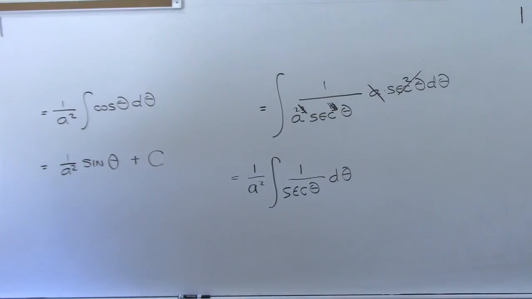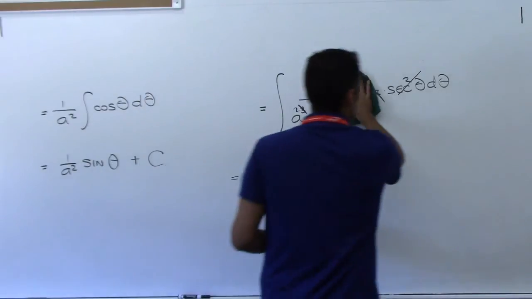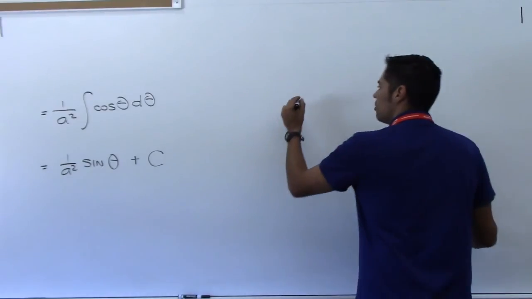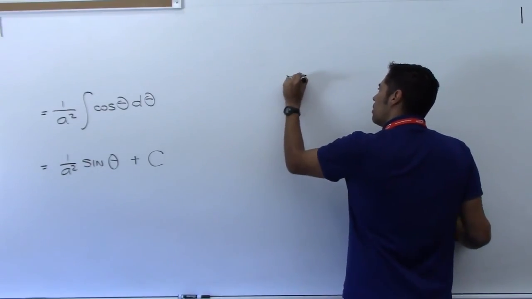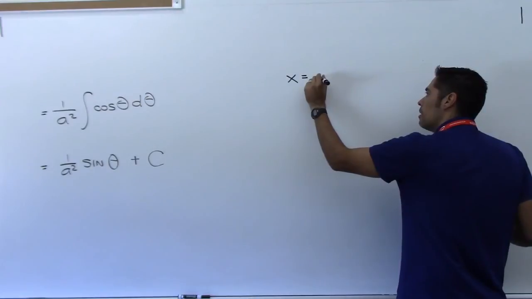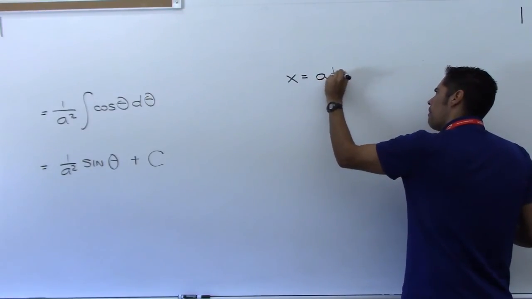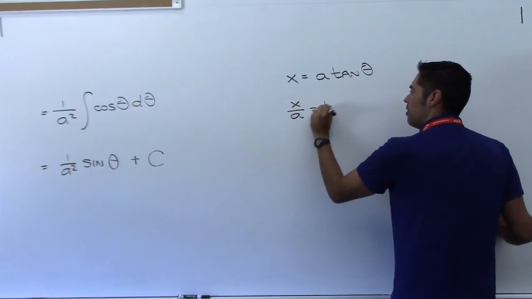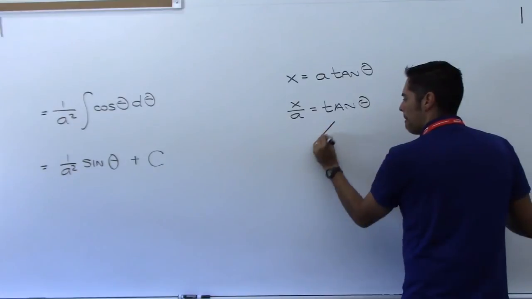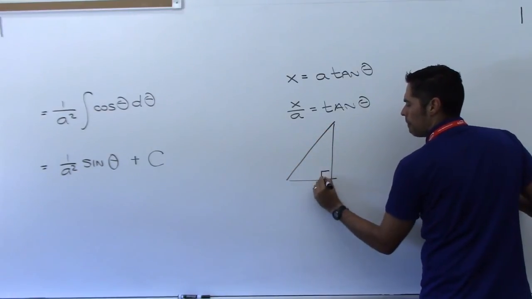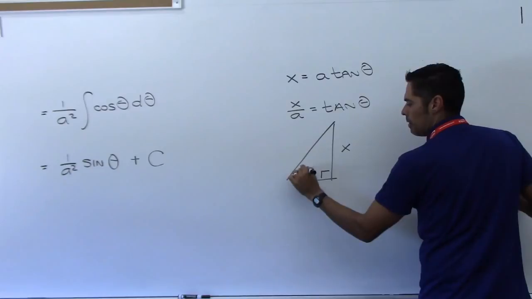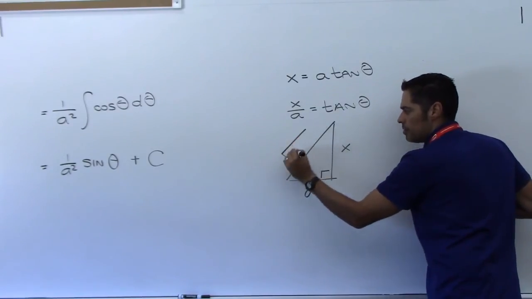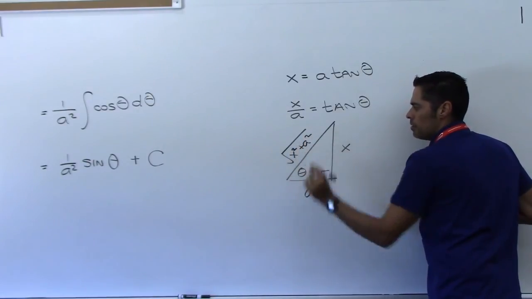Triangle. A triangle comes off the substitution that I made. That was x equals a tan theta, which means x over a is equal to tangent theta. x over a is tan theta, which means that this side is the square root of x squared plus a squared.